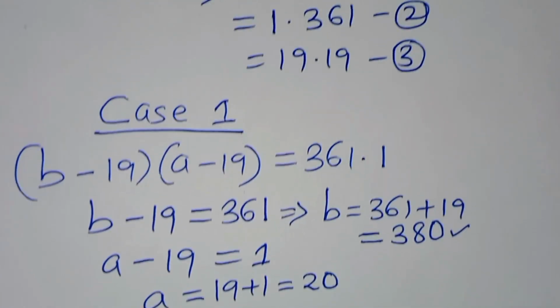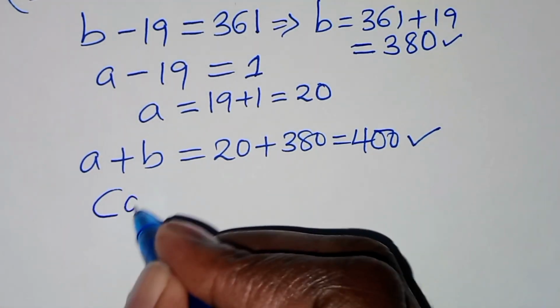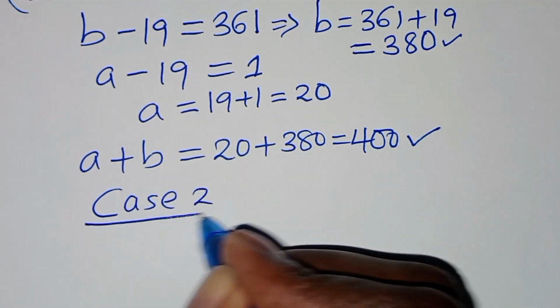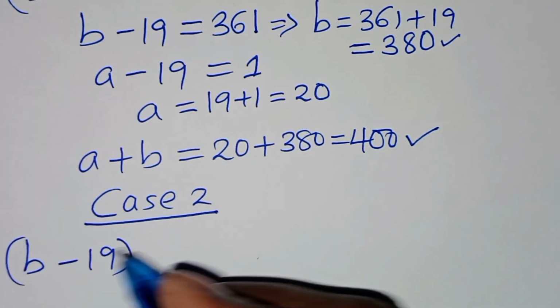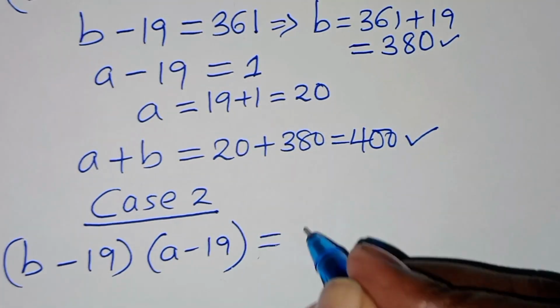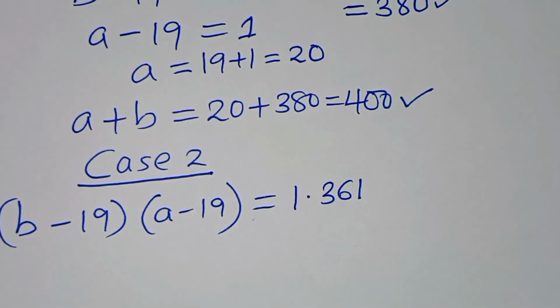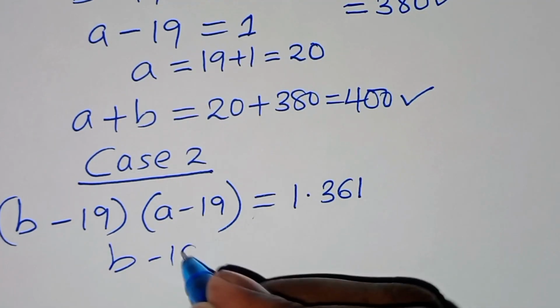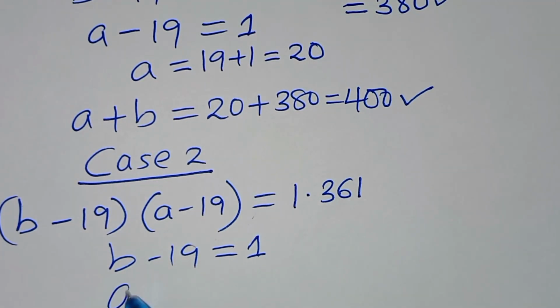Let's proceed to case 2. In case 2, we have b minus 19 times a minus 19 equal to 1 times 361. So that implies b minus 19 is equal to 1, and a minus 19 is equal to 361.